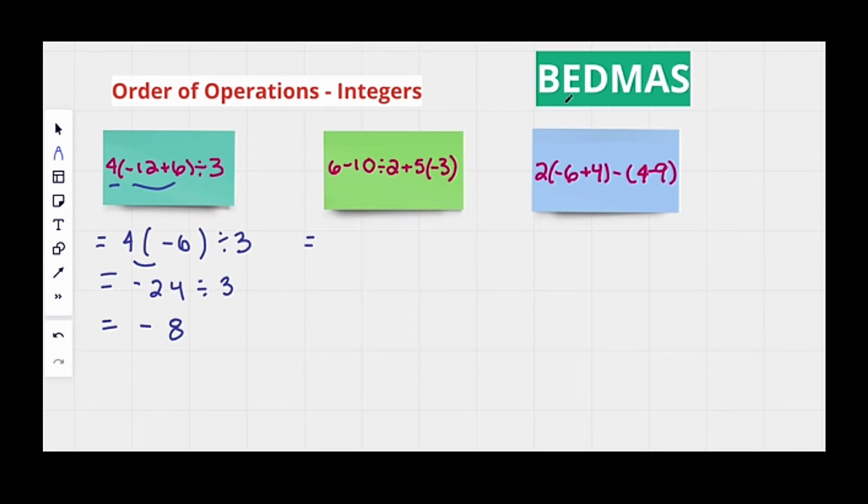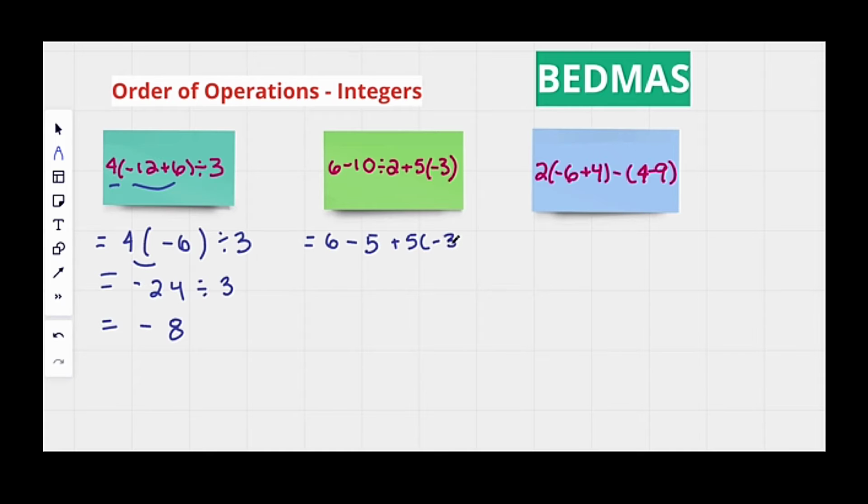Then we've got exponents, which we don't have any of in this question. Division and multiplication. So we've actually got both. And in order to be fair and take it step by step, we're going to do one at a time. And we said we're going to do the one on the left side first, whatever comes first. So we've got our 6, which at least stays the same. And then we've got minus 10 divided by 2, which is 5, plus 5 times negative 3.